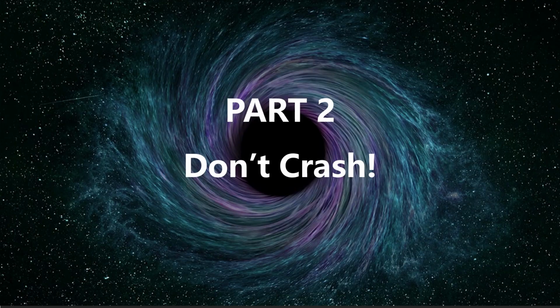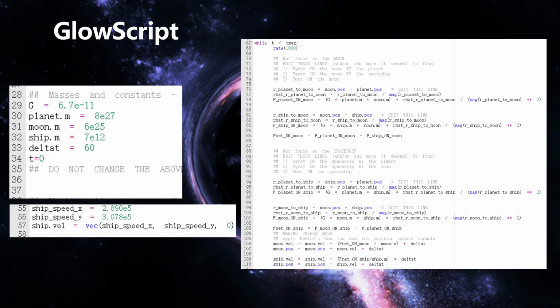And then Part 2. This is what I edited in GlobeScript. These are the given factors. The ship speed, these are what I got through trial and error. I've tried many times, but obviously I couldn't get the perfect velocity.